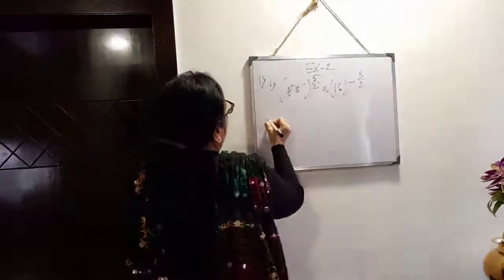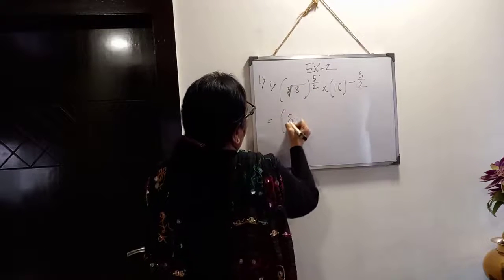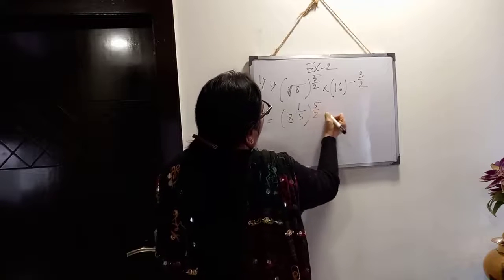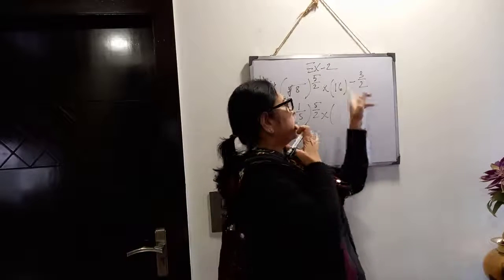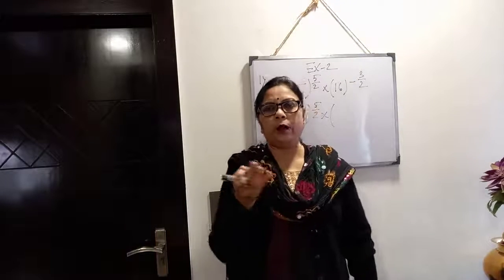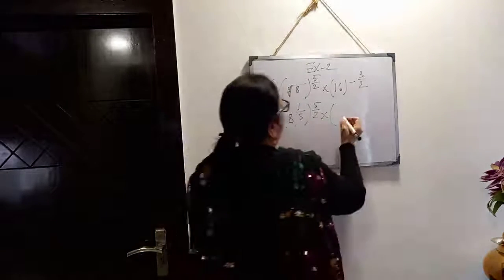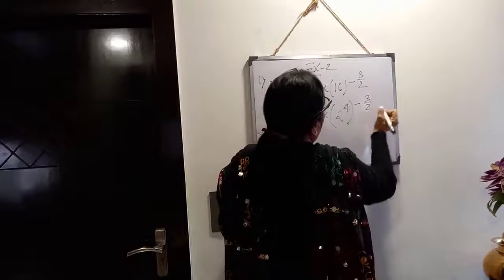So here, when you remove the root, we will write 8 to the power 1 by 5, and there is 5 by 2 into 16. 16 is the multiple of what? 2. 2 2s are 4, 4 2s are 8, 8 2s are 16. So 2 to the power 4 into minus 3 by 2.